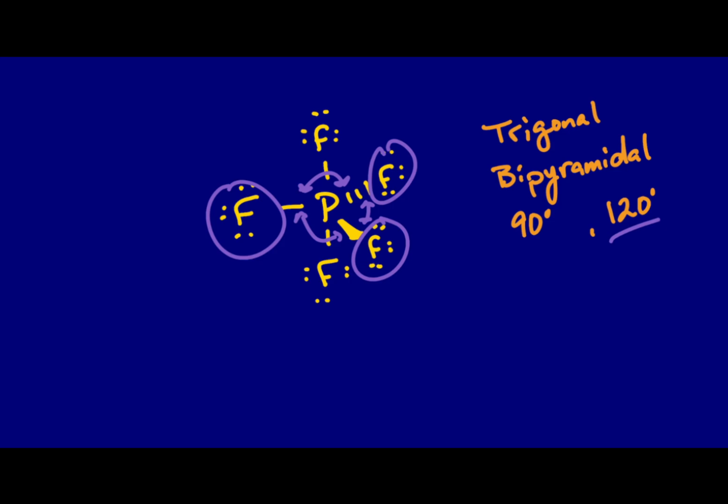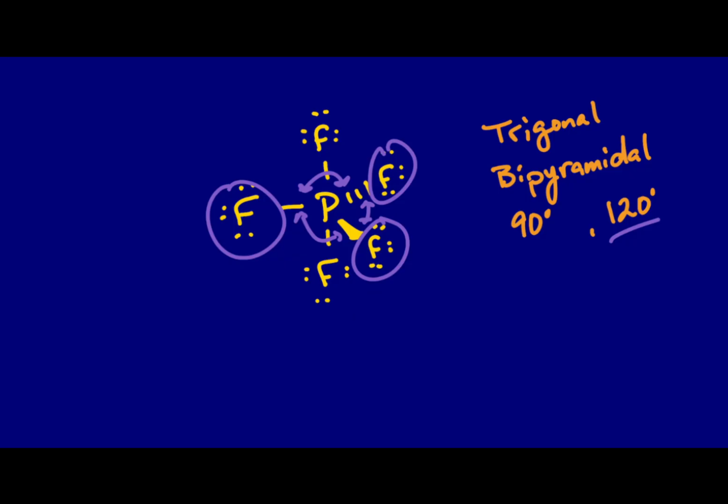However, when we start comparing the fluorine up top and the fluorine on the bottom, the ones that have the positive and negative y values, that is where we start to see our 90-degree bond angle.